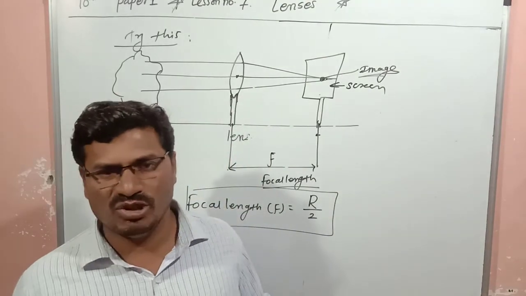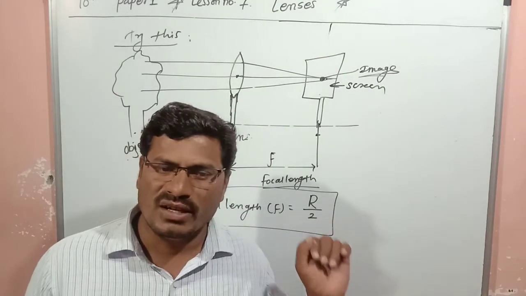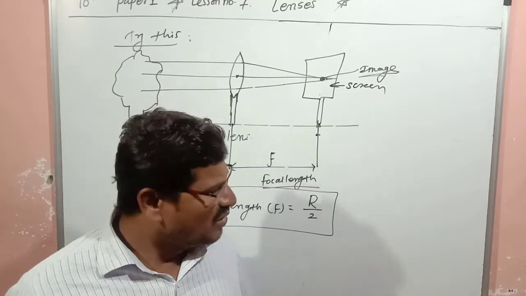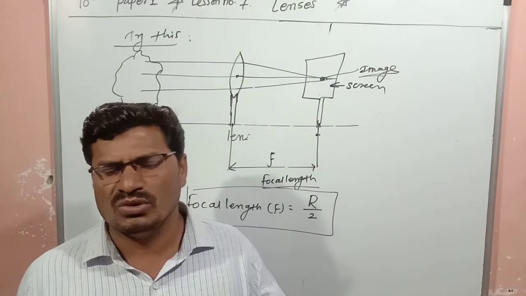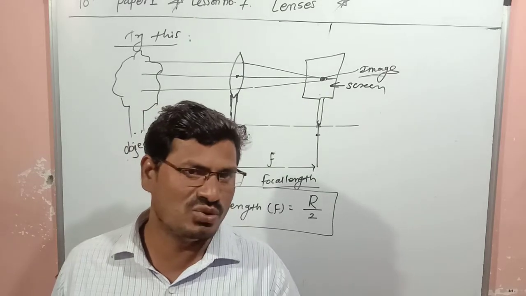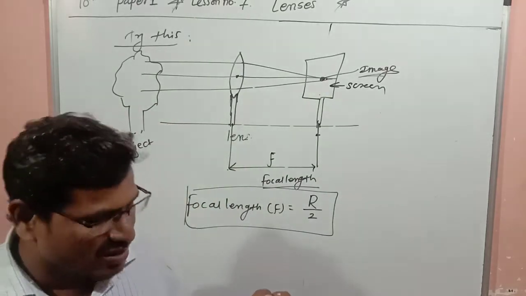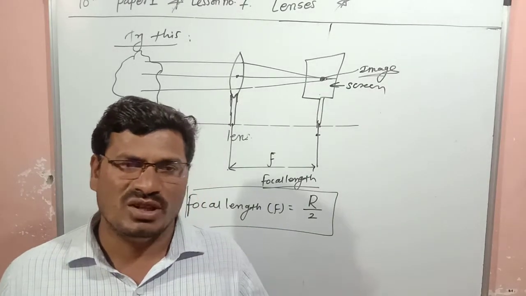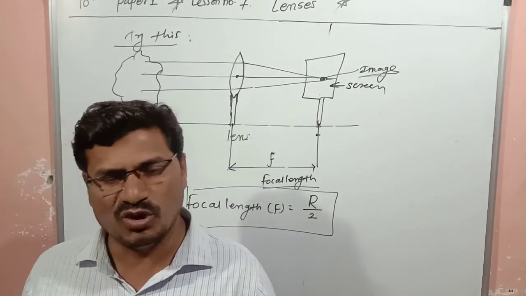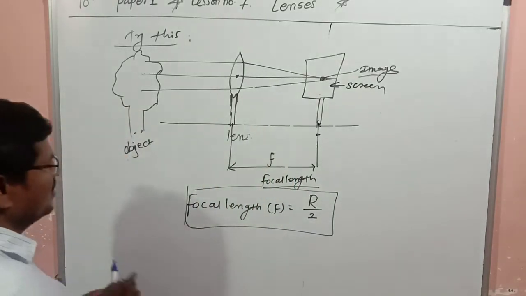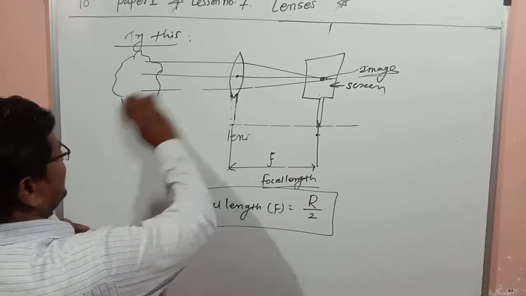This is the relation between focal length and radius of curvature for all types of lenses. After this we are going to study some rules to draw ray diagrams, the images formed by lenses. There are 3 rules we are going to study, and we'll see which they are.